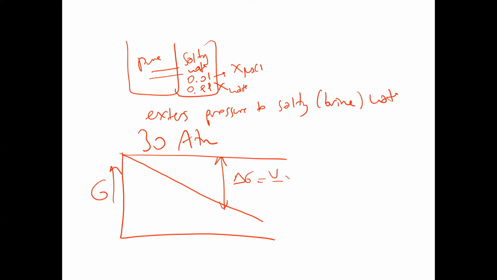molar volume times pi. If one exerted on the aqueous solution a pressure greater than the osmotic pressure, say 30 atm, when we apply 40 atm, which is greater than the osmotic pressure of salty water, brine water, then what's going to happen here? Let me explain.